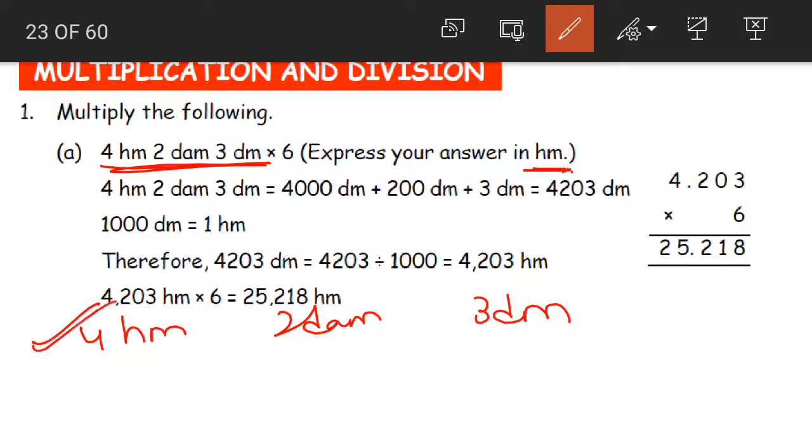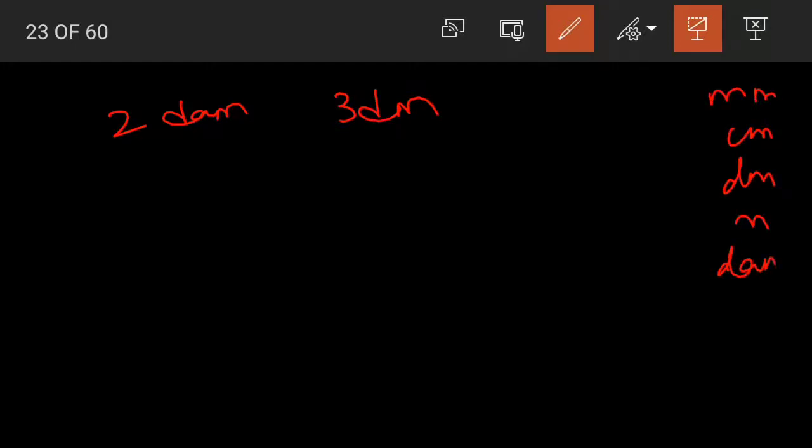Now the first one is already in hectometers, so we'll leave it as it is. The second one we have 2 decameters. What do we have? We have 2 decameters and then we have 3 decimeters. What is the hierarchy? Milli, centi, deci, meters, deca, hecto and kilo. We are converting these into our HM.